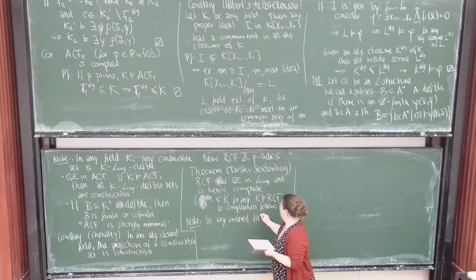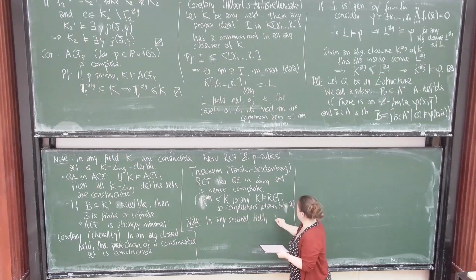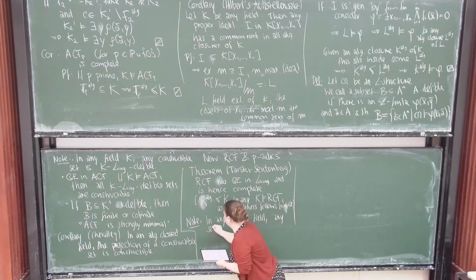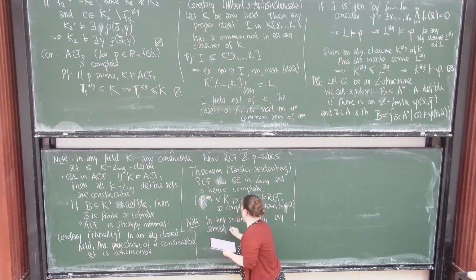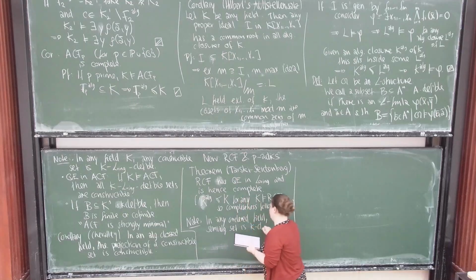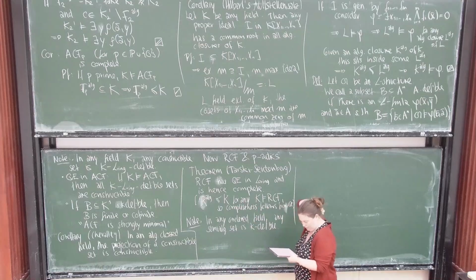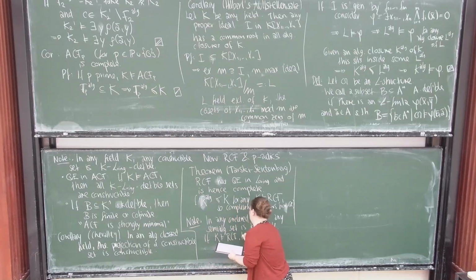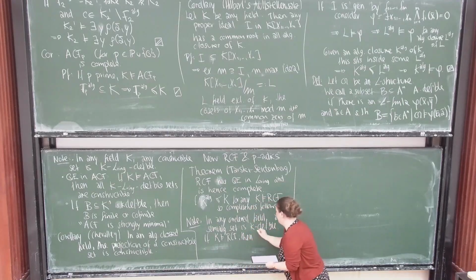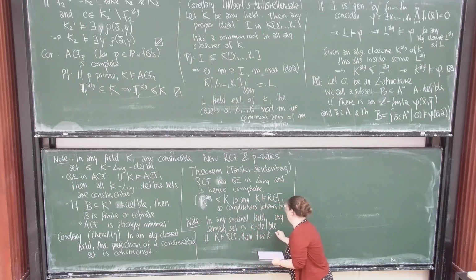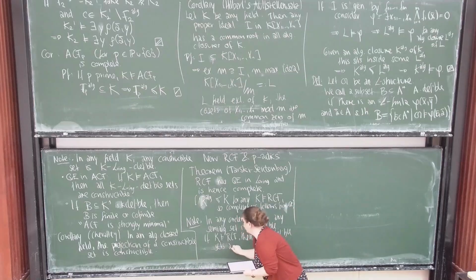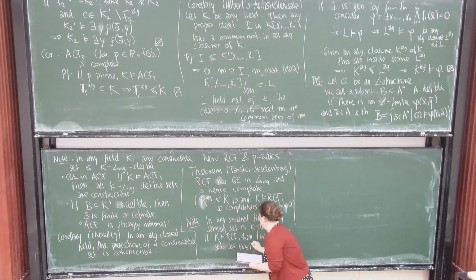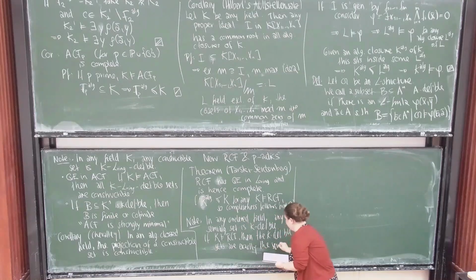In any ordered field, any semi-algebraic set is K-definable, and like in algebraically closed fields, if K is a real closed field, then the K-definable sets are exactly the semi-algebraic ones.